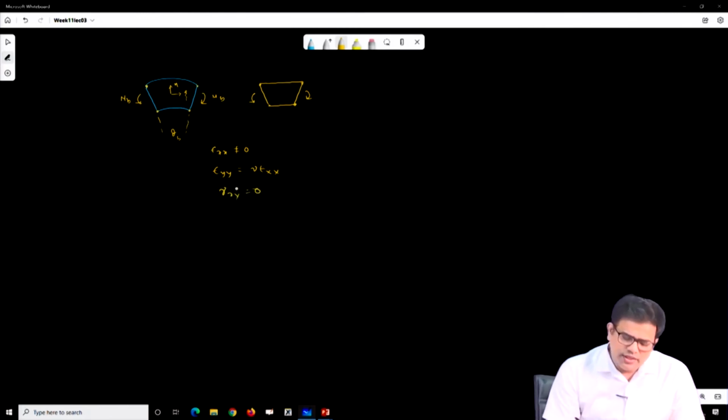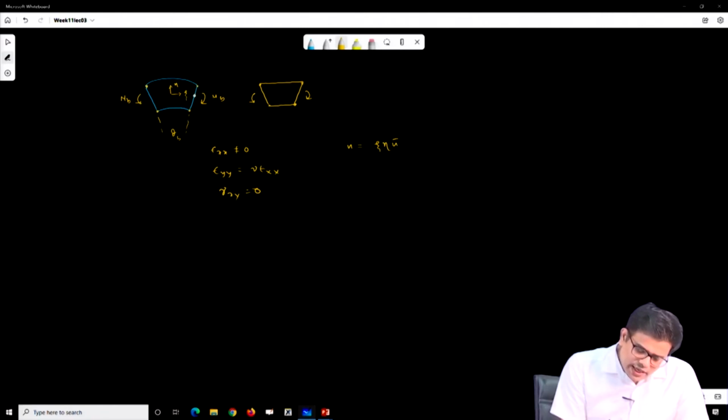If I use these conditions and find the displacements for this element, we can see that my displacement u is xi eta u bar.